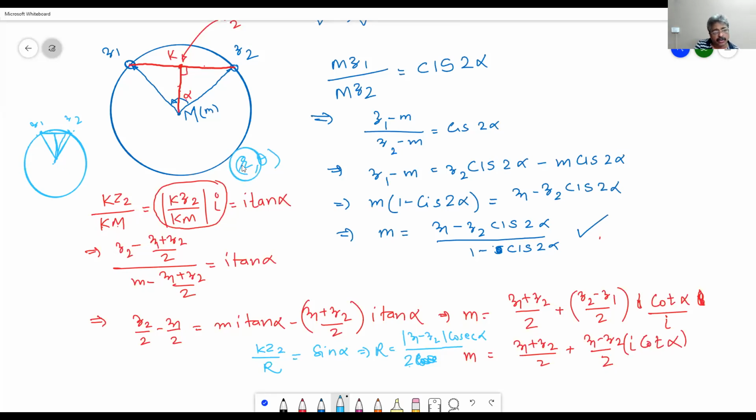You need to take care of that. So I have found the value of r as tan alpha, because it is exactly this upon this. That is what we want: length of KZ2 upon length of KM. This is the r part of it, and this is the theta part of it. The theta part is (1, pi by 2). So if (1, pi by 2) is multiplied by r, then it is (r, pi by 2).